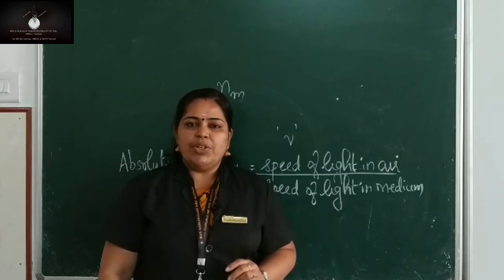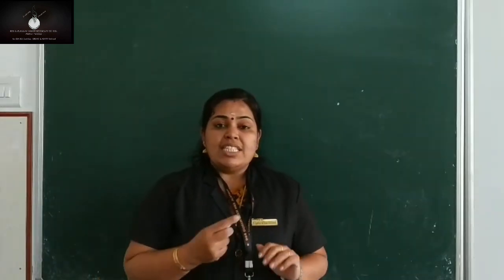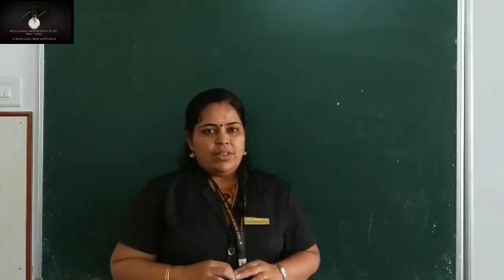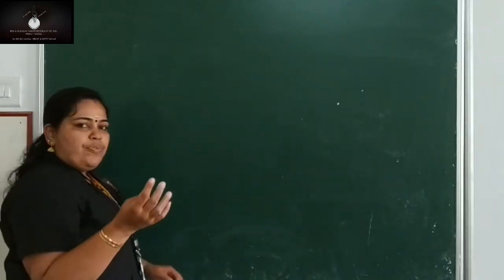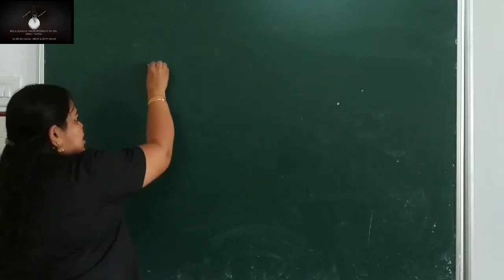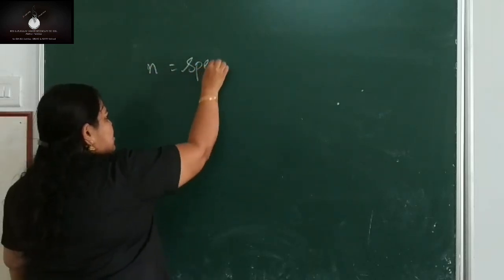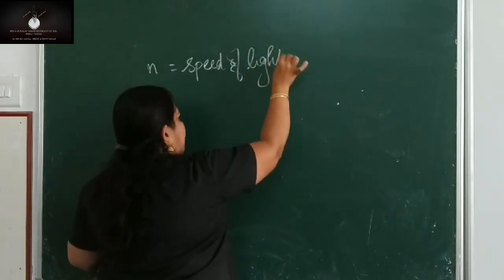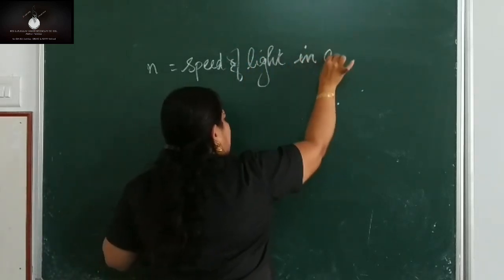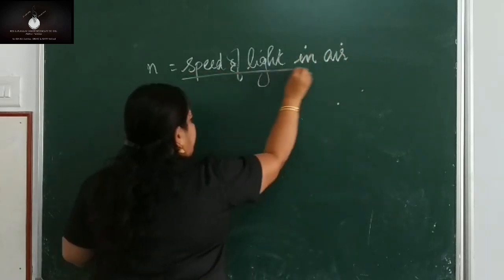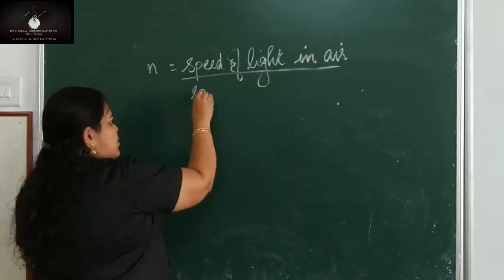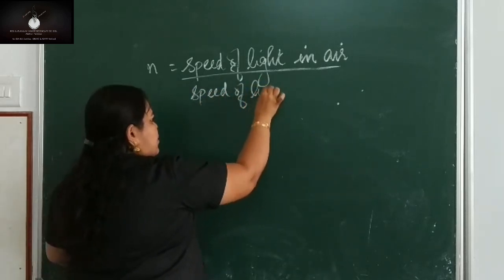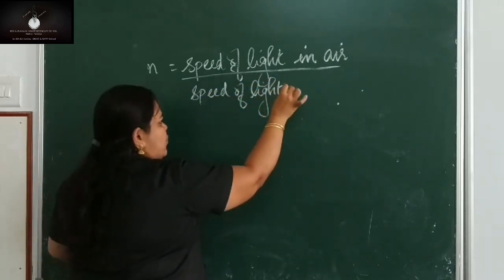So shall we do one problem? Now let's find out the absolute refractive index of water. How will you find out the absolute refractive index of water? Speed of light in air divided by speed of light in which medium?